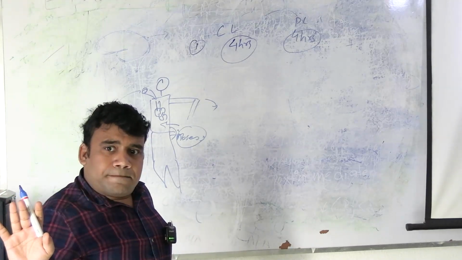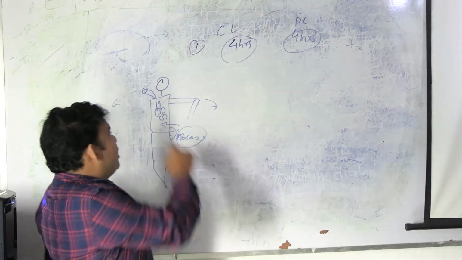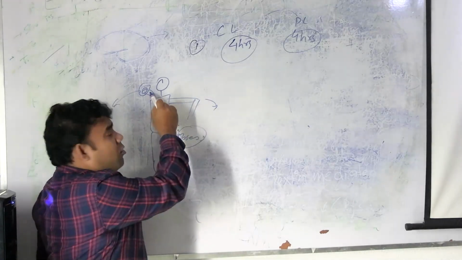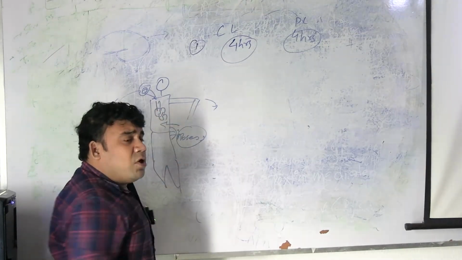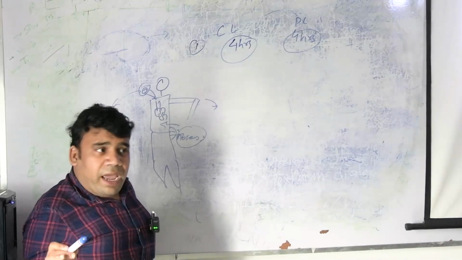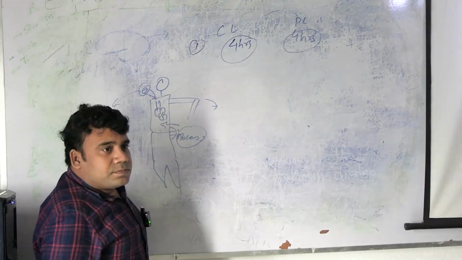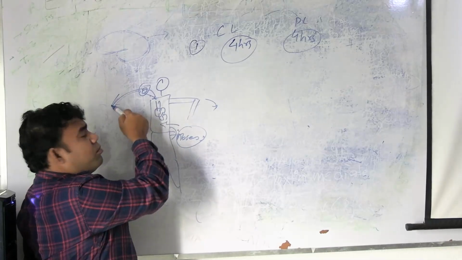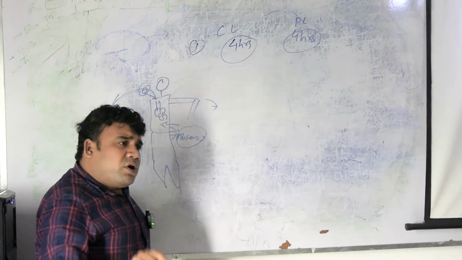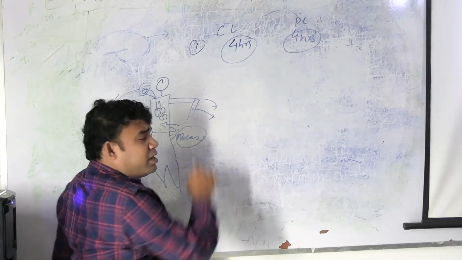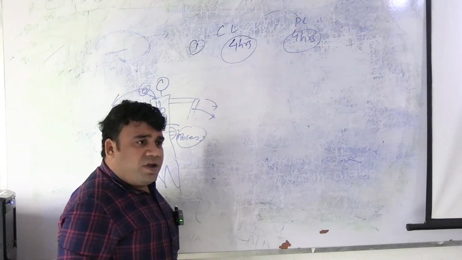Is this understood? Now suppose the central line is infected, then the number of organisms in the central line itself will be very high as compared to the organisms present in the blood. So if I take a blood sample from the central line, the number of organisms will be higher as compared to the blood sample taken from, say, a peripheral vein.